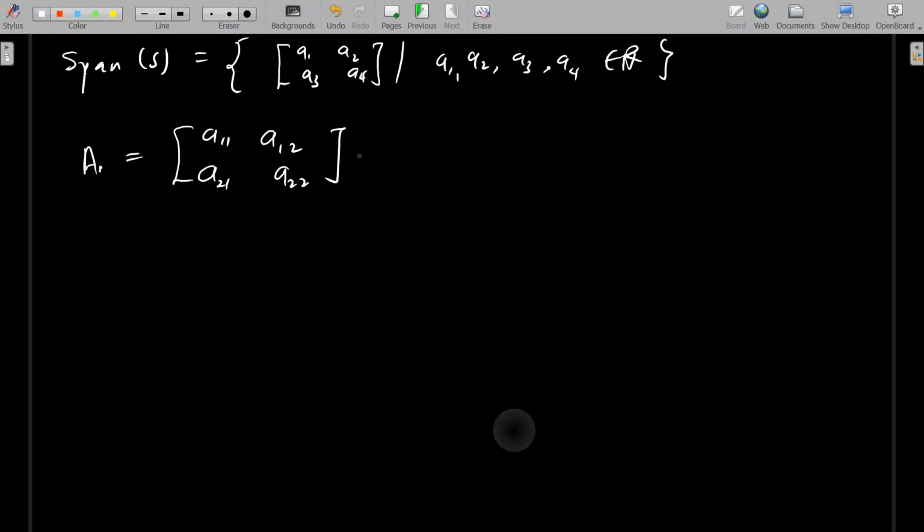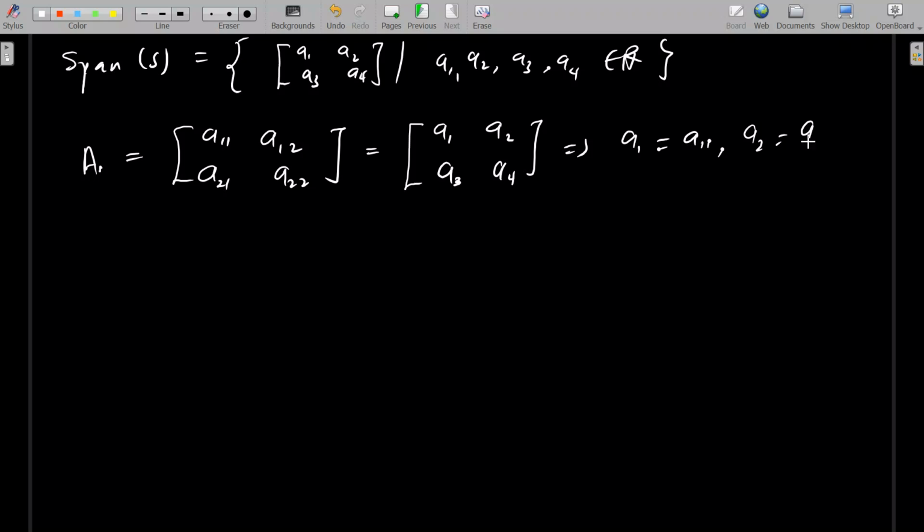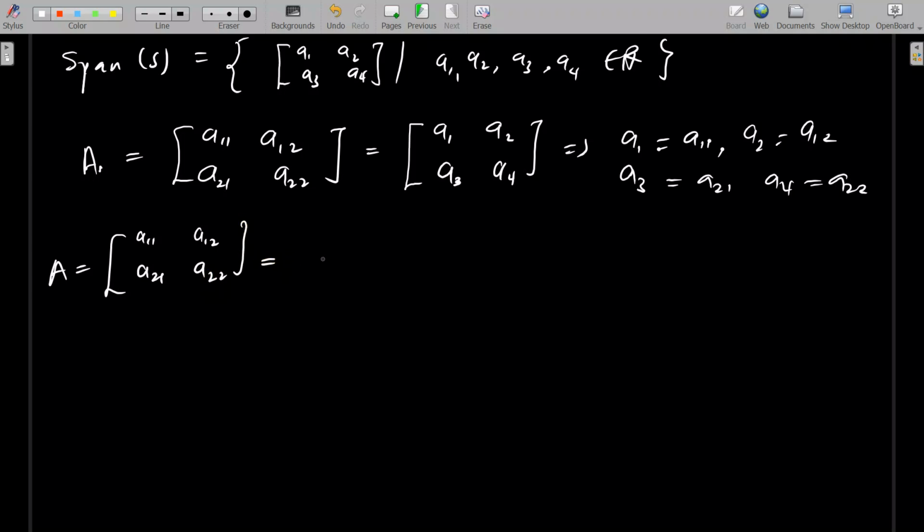So if I equate it to this span, which is A1, A2, A3, A4, then this will imply that we have A1 equal to A11, A2 equal to A12, A3 equal to A21, A4 equal to A22.